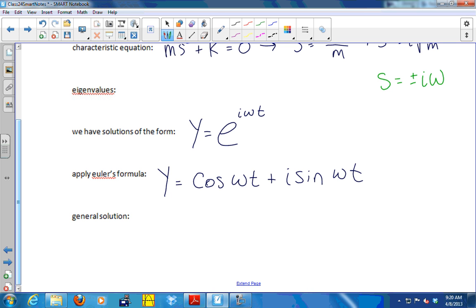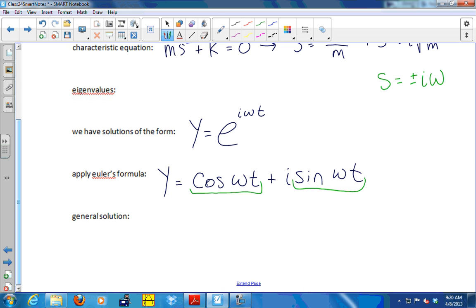Euler's formula just says that e to the i theta is cosine theta plus i sine theta. And then my general solution is a linear combination of the real and the imaginary parts. They are related fundamentally by Euler's formula, that e to the i theta is cosine theta plus i sine theta.